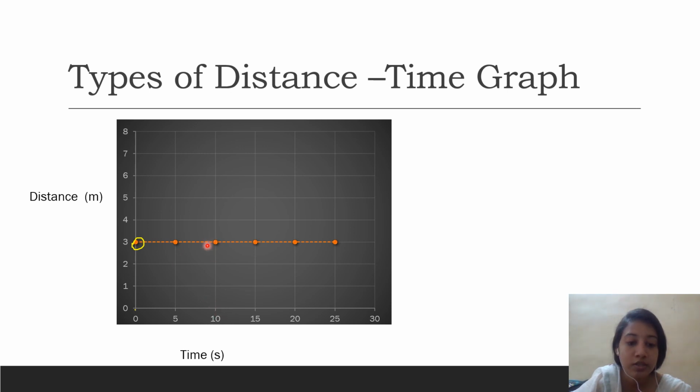Even at 10 seconds it is still at the same 3-meter, and at 15 seconds again it is at 3-meter distance. So we can see that all these points are at the same distance.